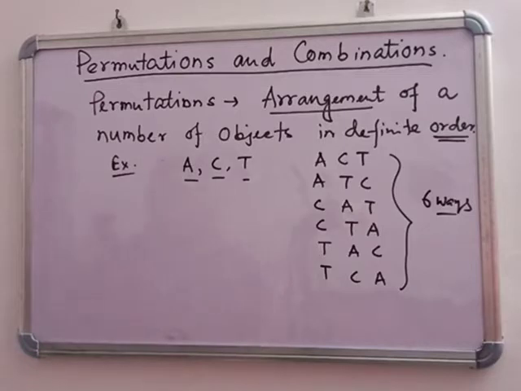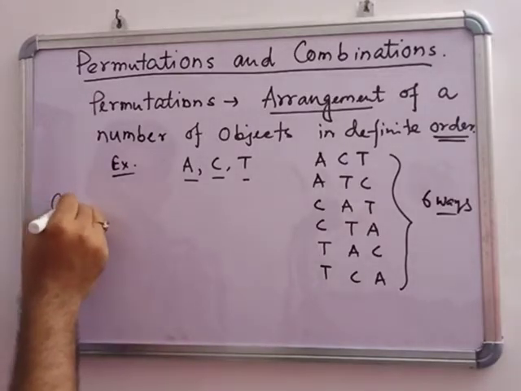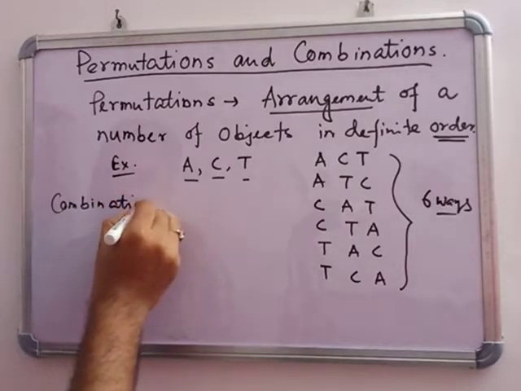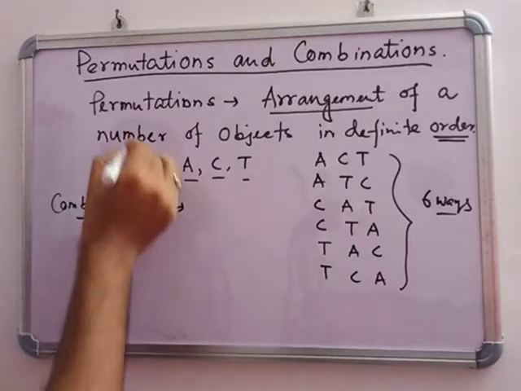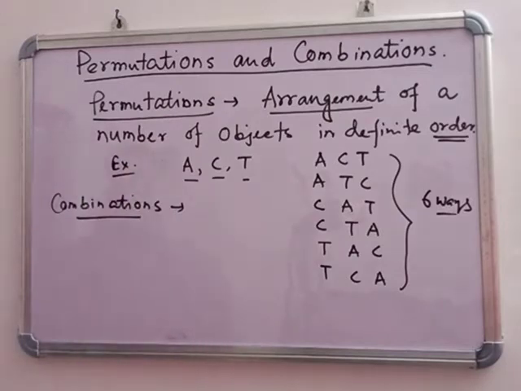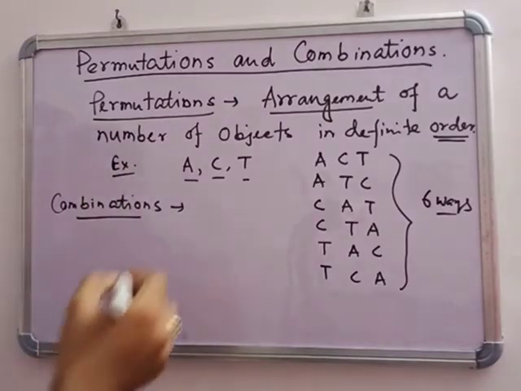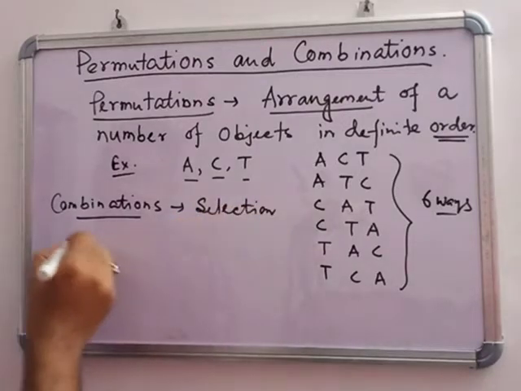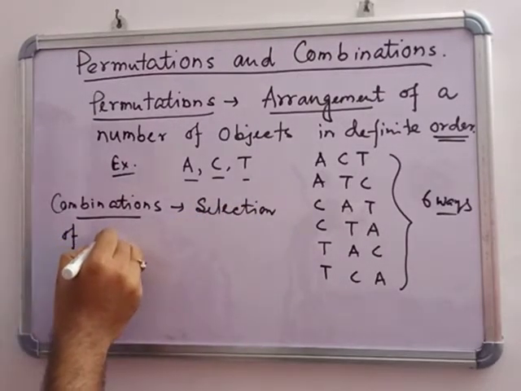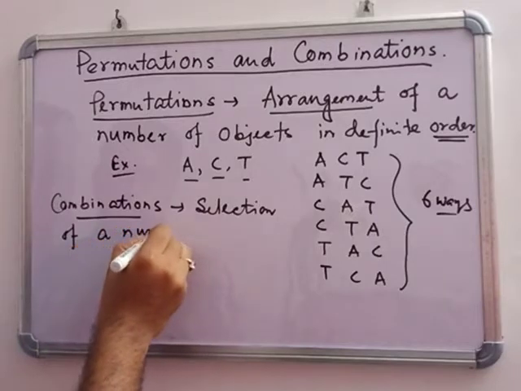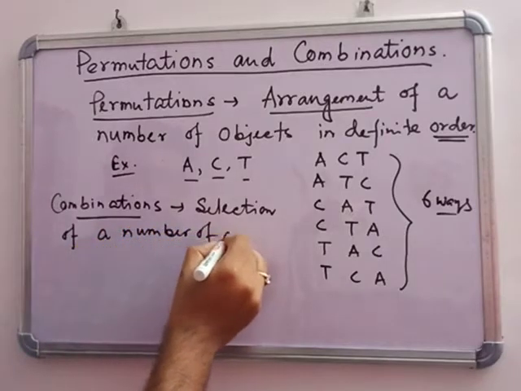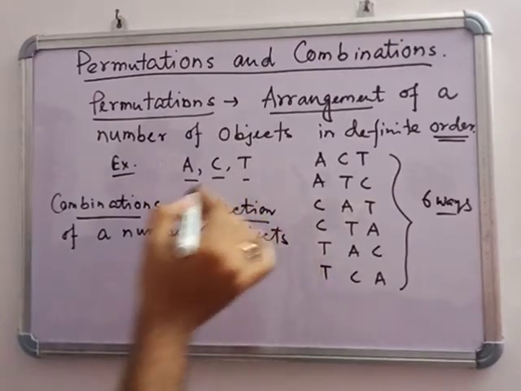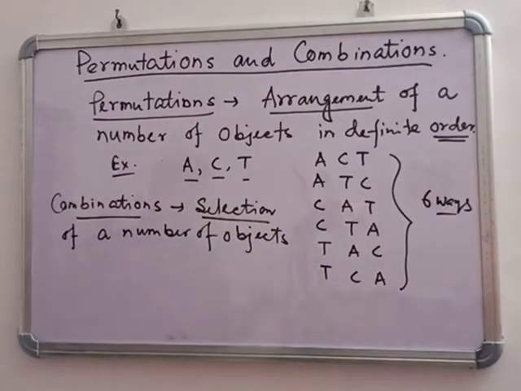Now, what is a combination? Combination means selection of a number of objects. Selection means you have to select.